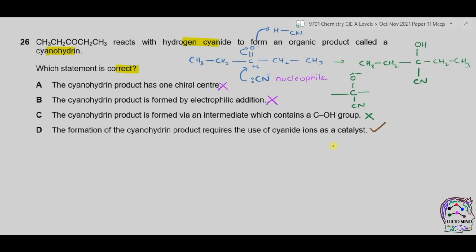This is true because we need a trace of NaCN to start this reaction, and aqueous sodium cyanide will provide CN negative, which is required to attack this carbonyl carbon. So this will act as a catalyst. Therefore, correct option is part D.